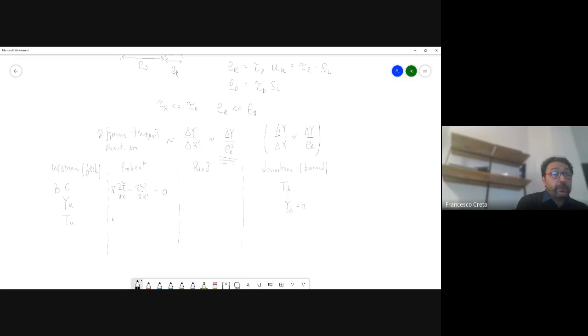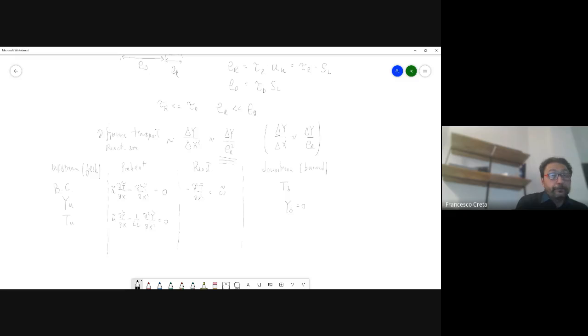For the species, again, we have the convection, and then we have the coefficient 1 over Lewis number and the second order derivative of the species equals 0. In the reaction zone, we have an interplay between the diffusive term and reaction, which we write like this, omega.